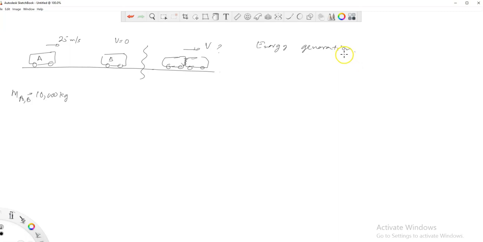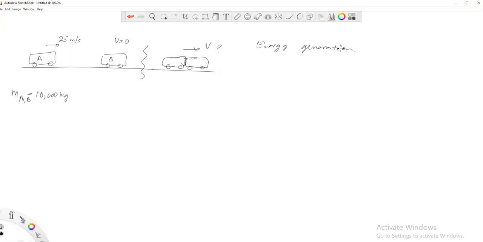Now, what do we mean by energy generation? In the collision you can definitely hear a loud sound, right? So that is some of the initial energy transferring into sound energy. It can generate a lot of heat in these collisions. That's another way of losing energy.